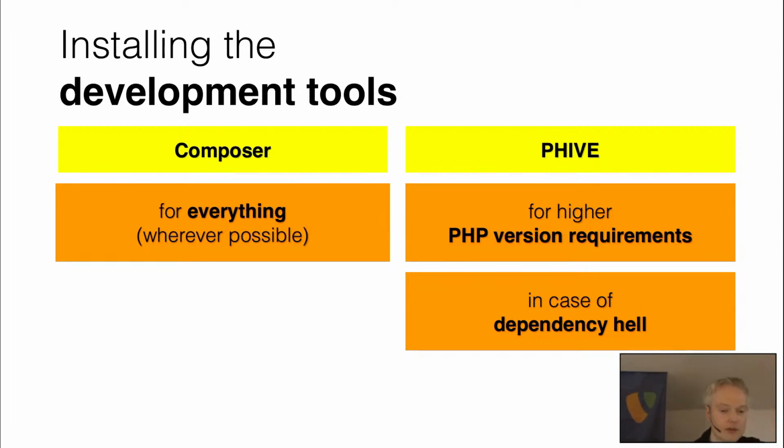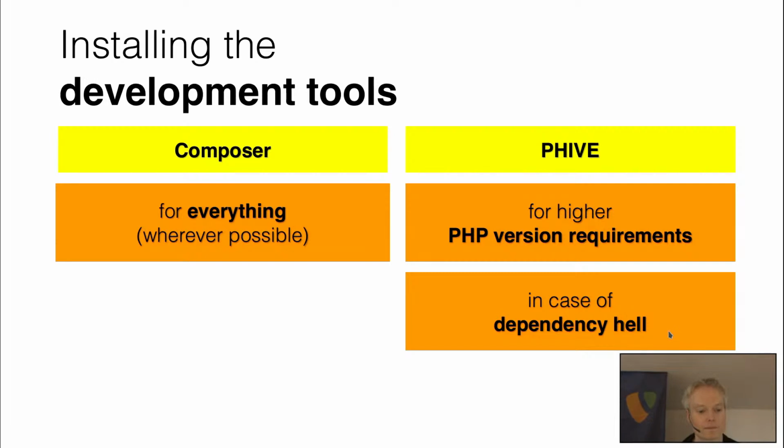One case would be that the tool you'd like to use requires a higher version of PHP than your extension supports. For example, our extension currently supports PHP 7.2 through 7.4, but the copy and paste detector requires PHP at least in version 7.3. So in this case, we cannot install it via Composer.